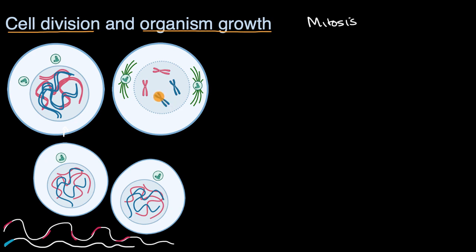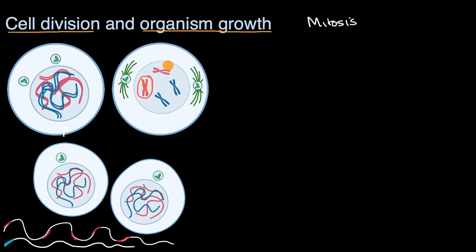This is really happening in preparation for cell division. You see those 2 homologous pairs, and each of those chromosomes now consists of 2 sister chromatids, one over here, one over there. As we go through mitosis, they're going to separate into individual chromosomes that are actually just copies of each other.